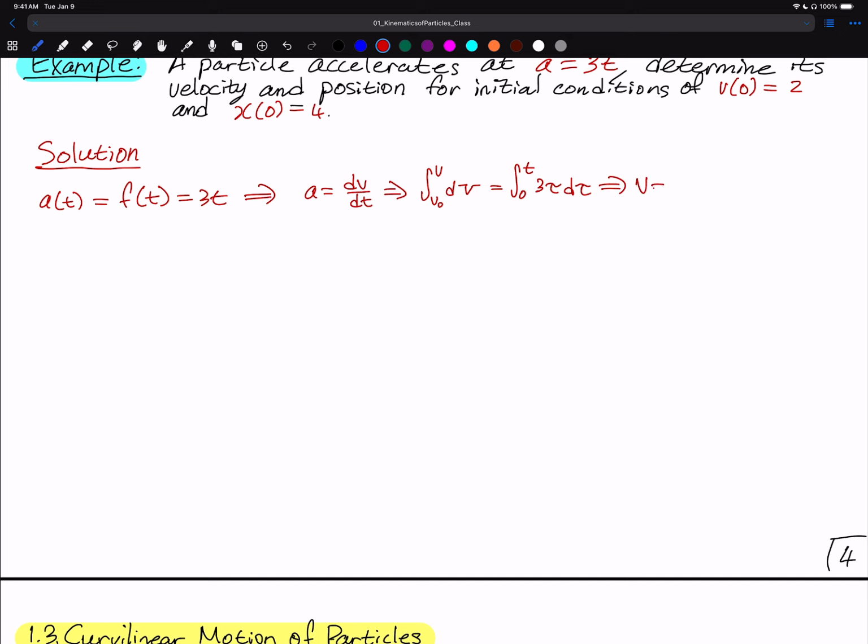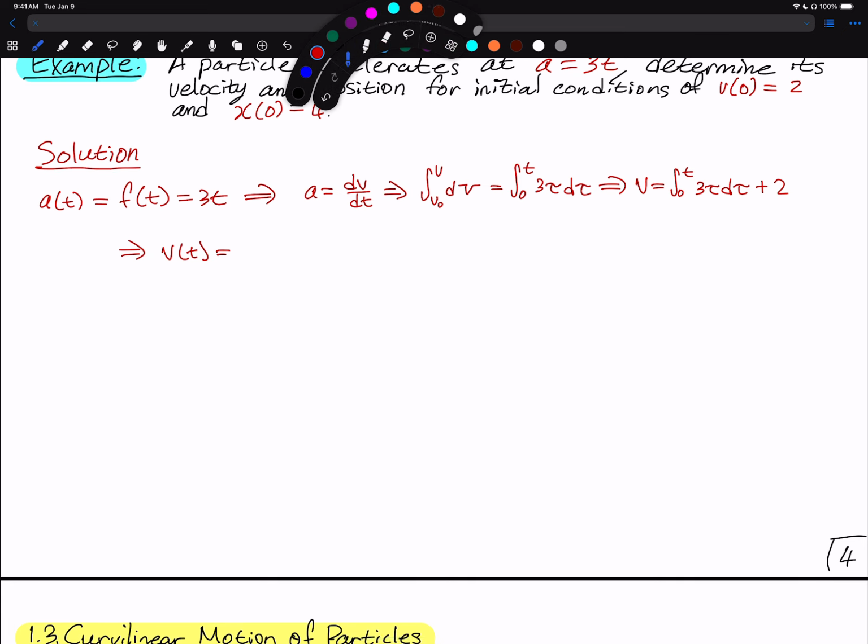Extending this, we'll find that the velocity must be equal to the integral from 0 to t of 3 tau d tau, plus the initial velocity, which is 2. And then the velocity as a function of time is equal to, if we integrate this expression, 3 over 2 tau squared, evaluated at t and 0.